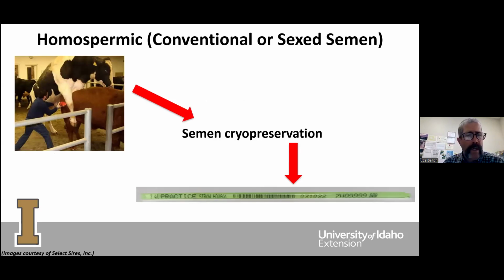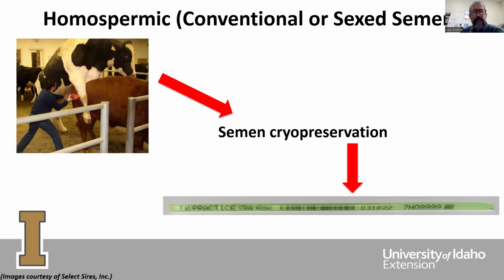We could be collecting one ejaculate or two ejaculates in succession. And once those ejaculates meet certain criteria pre-freeze and pre-processing, then that ejaculate will go through processing and semen cryopreservation. And then doses will be prepared.